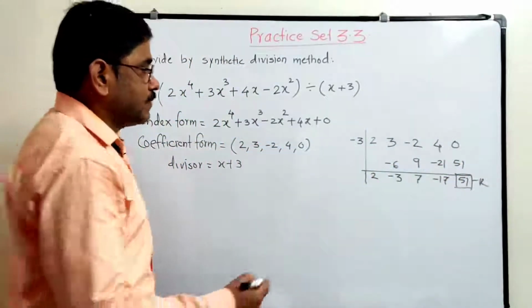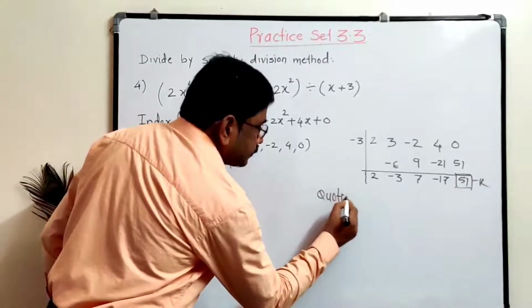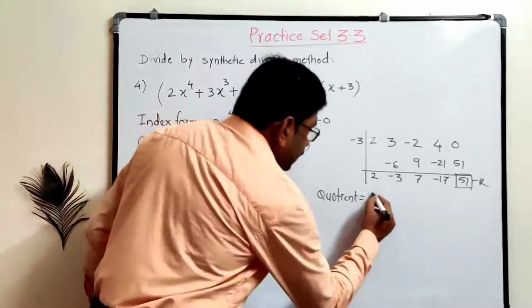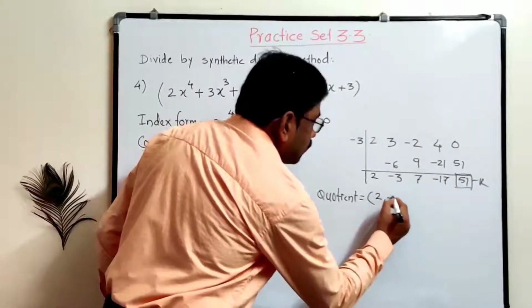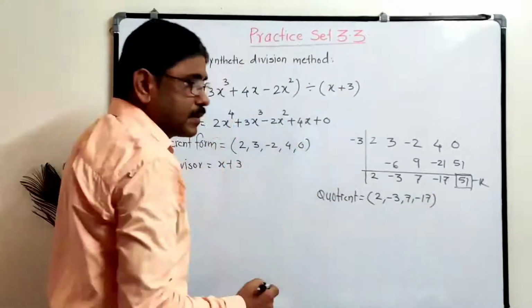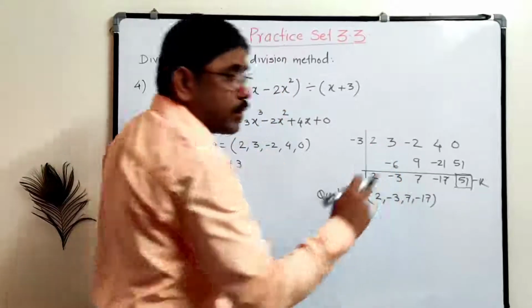is 51. Now our quotient in the coefficient form is 2, minus 3, 7 and minus 17. So how many coefficients? 1, 2, 3, 4 coefficients are there.